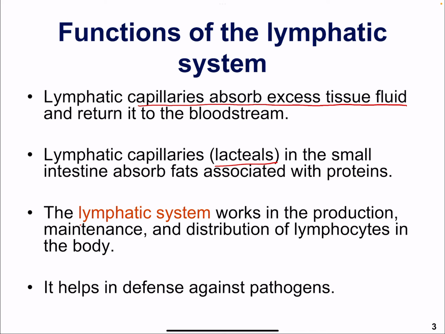The lymphatic system is going to work alongside the circulatory system. Their job together is very important for the production, maintenance, and distribution of protective cells in the body, the white blood cells, right?